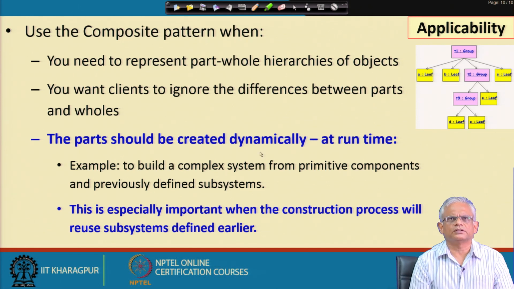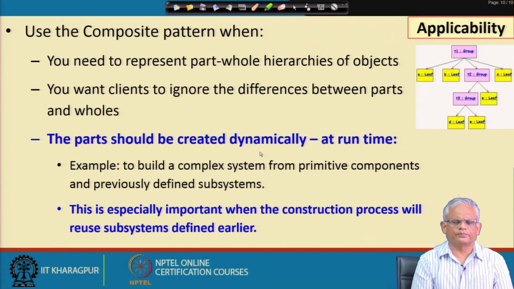This is what is important: not only do part-whole hierarchies exist, but also the composites should be created dynamically at runtime. We should be able to identify some elements and then form them into larger groups, and then still form larger, bigger groups and so on.